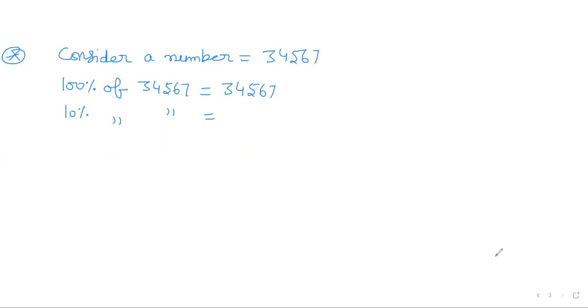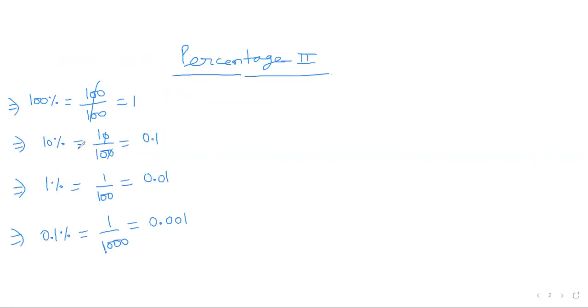10%. Remember one thing, that here when we calculate 10%, we wrote 10 upon 100, and in the decimal form, what we did?